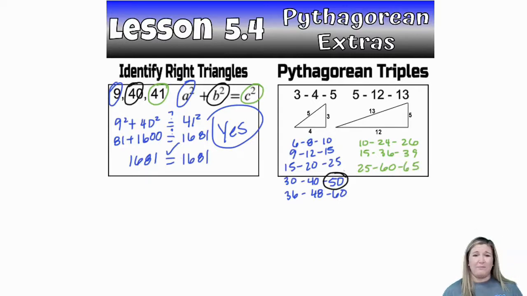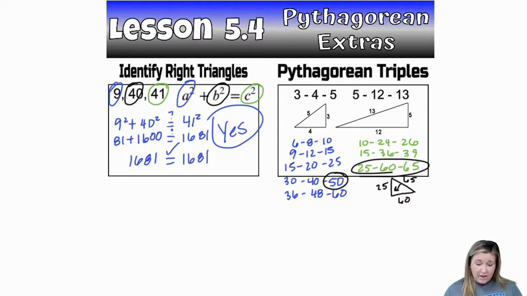Man, this is cheat code galore. This one is not as easy to remember; 3, 4, 5 is really easy to remember. But if you have a right triangle and you know the hypotenuse is 65 and one side length is 60, the other one is 25. I know it from this cheat code right here.